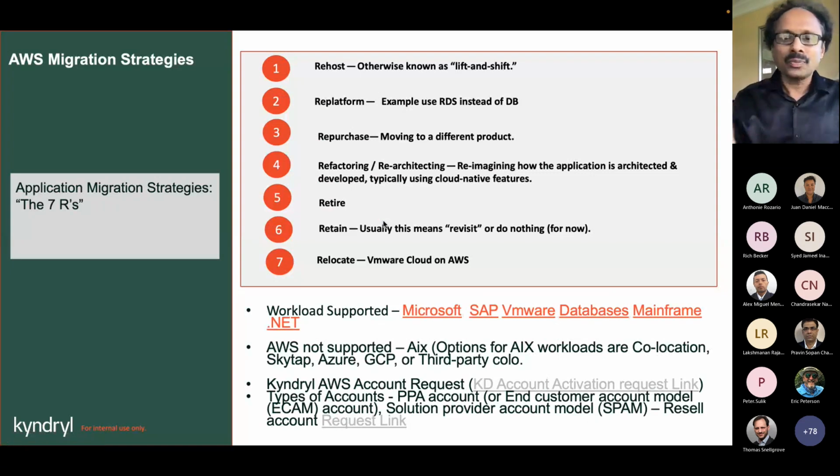Yeah, so you are familiar with the 6 R's, right? It has been there since 2016. Now AWS has added one more migration strategy, that is relocate. You can see number 7. So what is relocate?